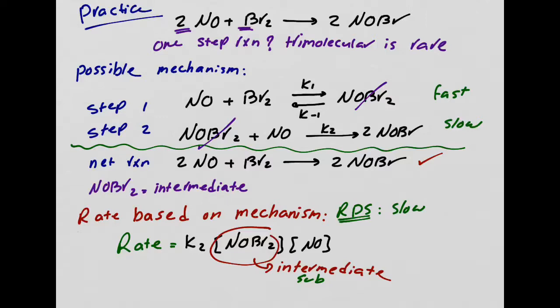We're going to write the rate law for the step 1 reaction, the fast step, because we already wrote it for step 2. Now, the fast step is at equilibrium. It has a forward reaction and it has a backward reaction, right? Okay, we will get into equilibrium more later.